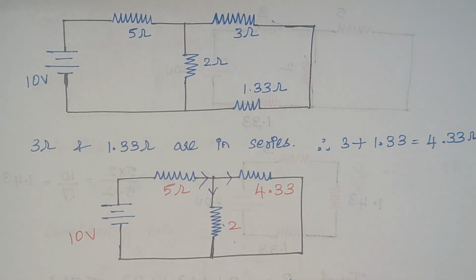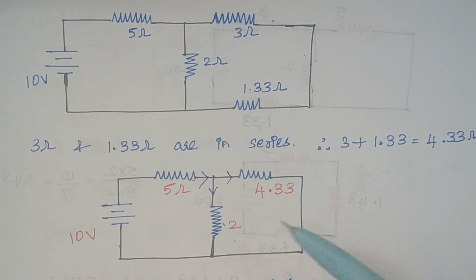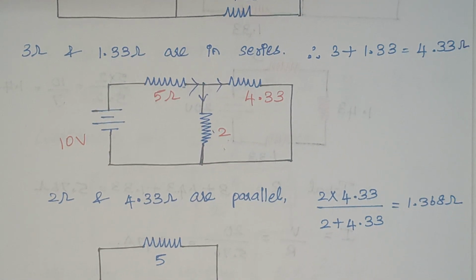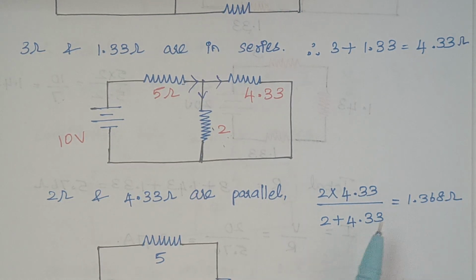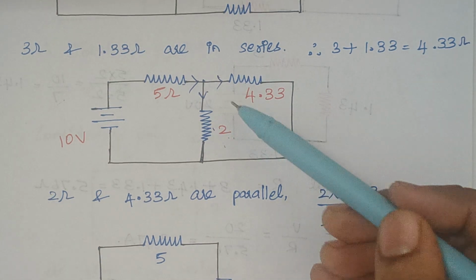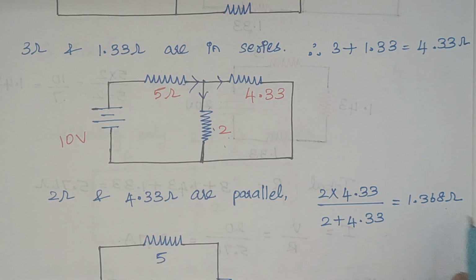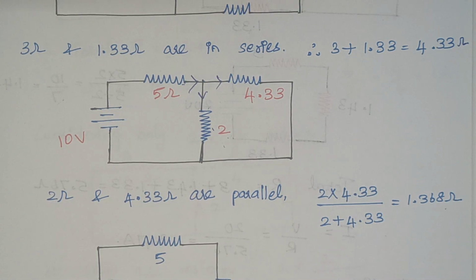So we find the equivalent resistance, R1 into R2 divided by R1 plus R2, which gives 1.368. Now these two resistors are replaced by a single resistor of value 1.368.